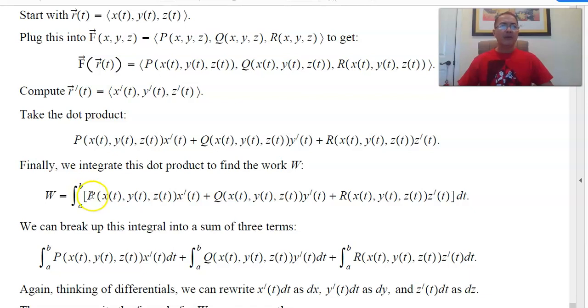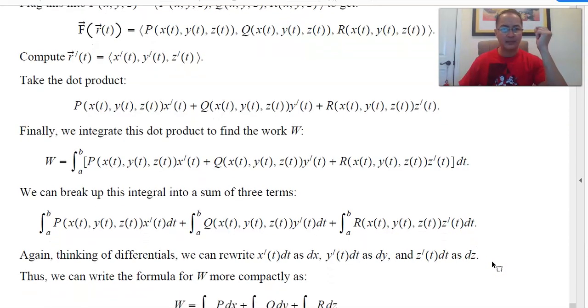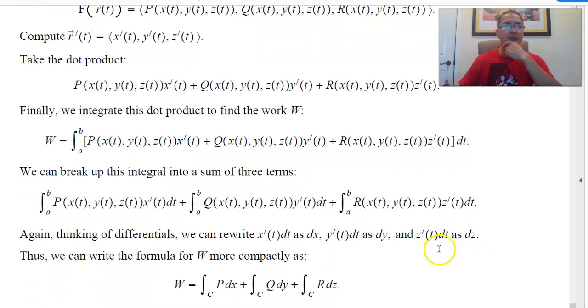Okay, however, we can split it up into 3 terms, 3 integrals. So we have this dt, and this dt. Okay, so you might think, big deal. What's so special about that?